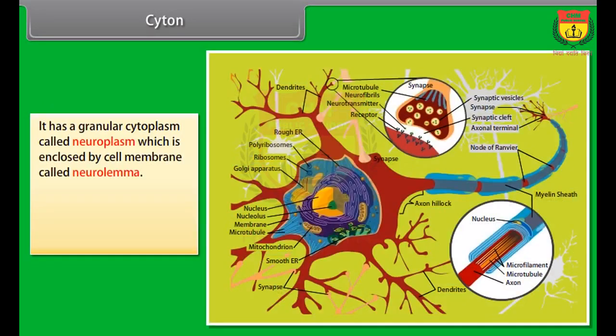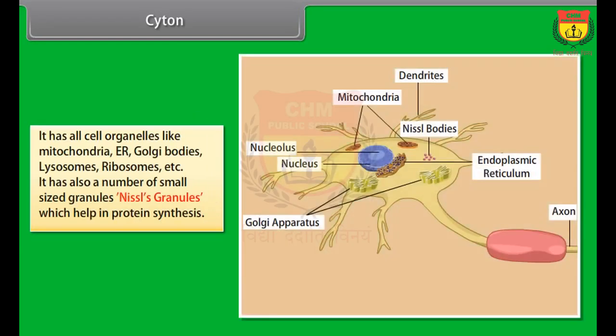It has a granular cytoplasm called neuroplasm which is enclosed by a cell membrane called neurolemma. It also has a large spherical and central nucleus with a nucleolus. It has all cell organelles like mitochondria, ER, Golgi bodies, lysosomes, ribosomes, etc. It also has a number of small granules, Nissl's granules, which help in protein synthesis.